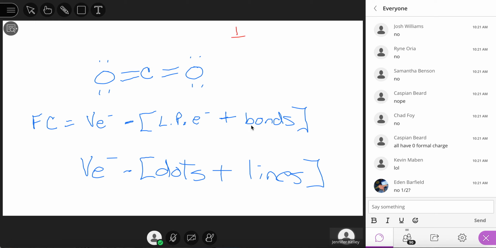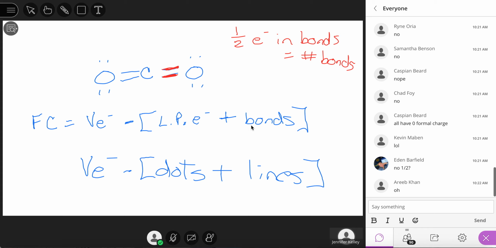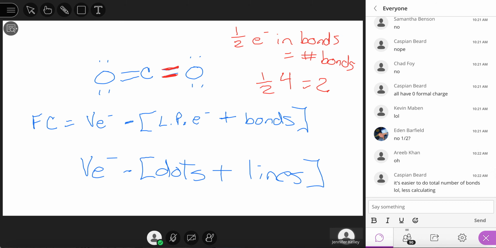Half of the electrons in bonds is equal to the number of bonds. For example, let's take a look at these two right here. There are 4 electrons in there, and half of 4 is 2, or you could just say there are 2 bonds.